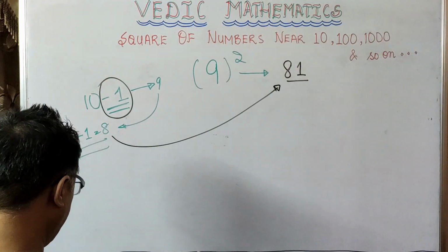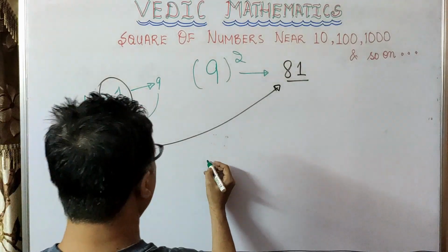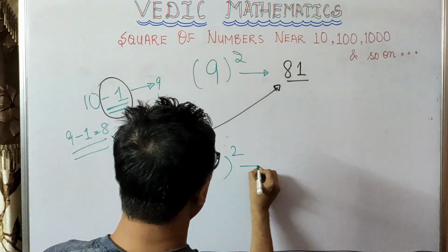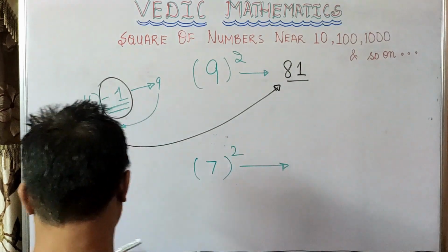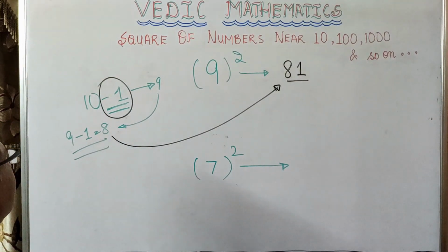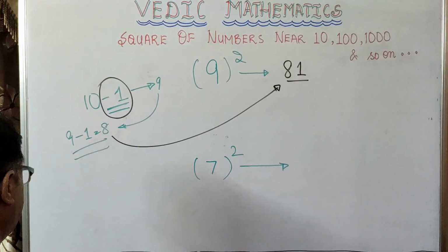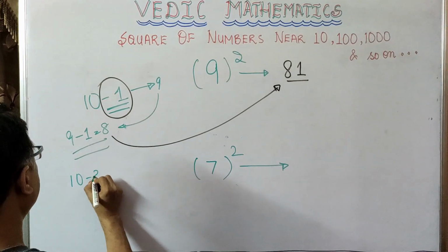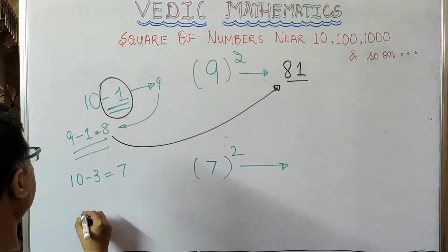Now similarly, for example, if you have to find the square of say 7. So how will you do that? Now what happens is that 10 minus 3 is what? It is 7. 10 minus 3 is equal to 7.